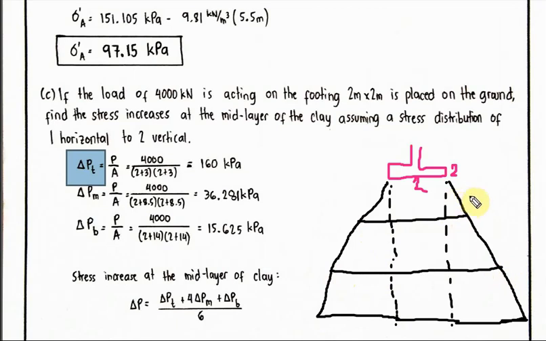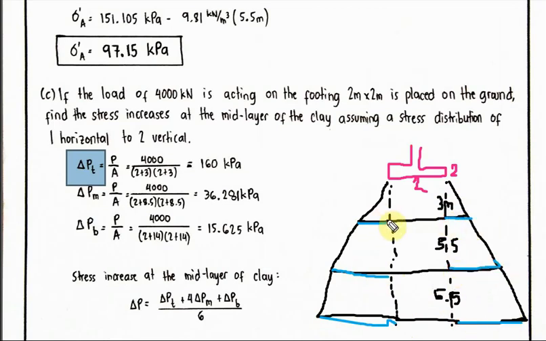Diba diri is 3 meters, kani 3 meters for the dry sand. Tapos 5.5 meters dayon for the saturated clay, 5.5 for the saturated clay diri. So now atong pangitaon ang value diri. Pila kani ang mga values diri?